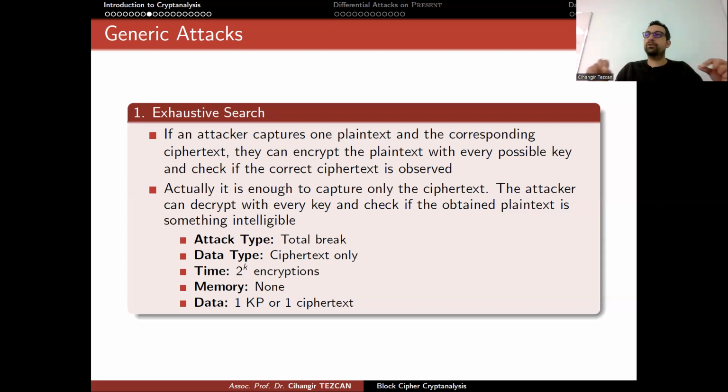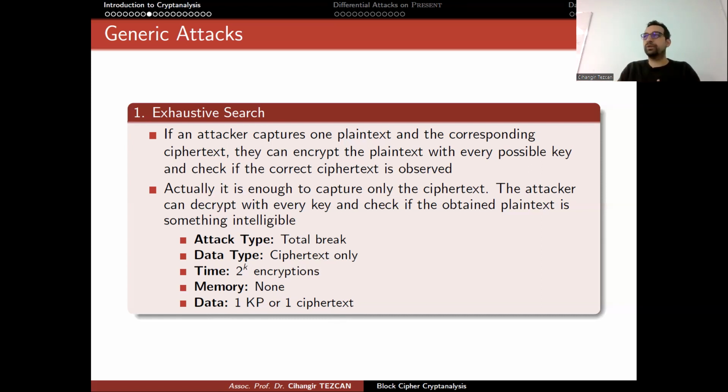Okay, this security upper bound is measured by the generic attacks that you can perform. So in the symmetric key encryption, the exhaustive search attack is trying every secret key by performing a single encryption. This is why you can always break any block cipher by performing 2 to the k encryptions without using any memory or requiring to capture a lot of data.